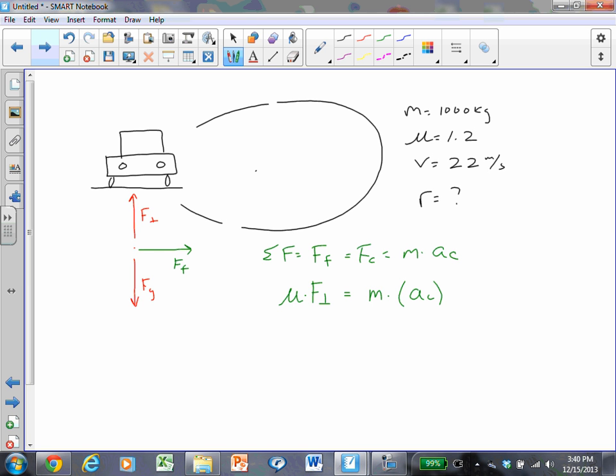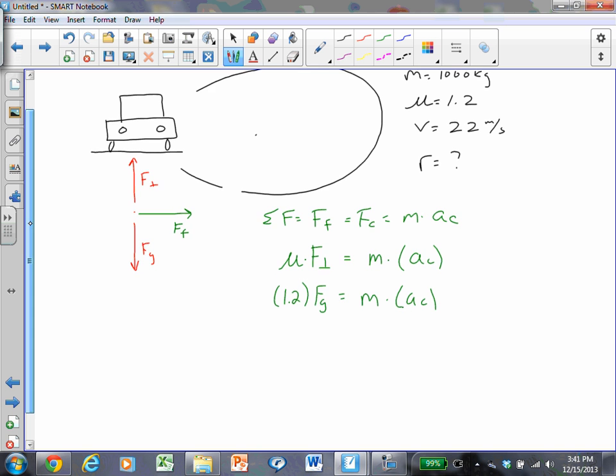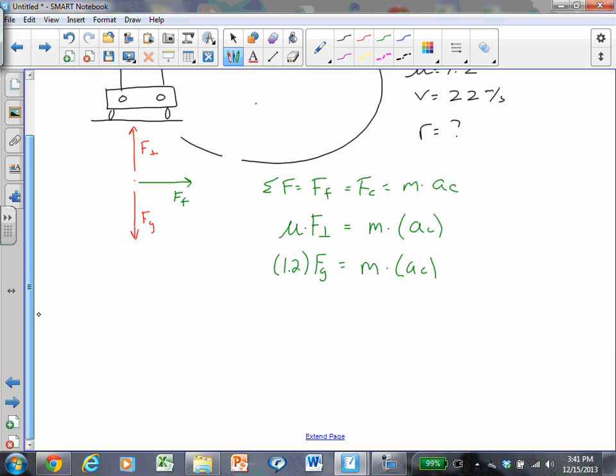So mu is 1.2, F perpendicular is Fg. You see how this relates to acceleration: it is mu times g, because Fg is mg.